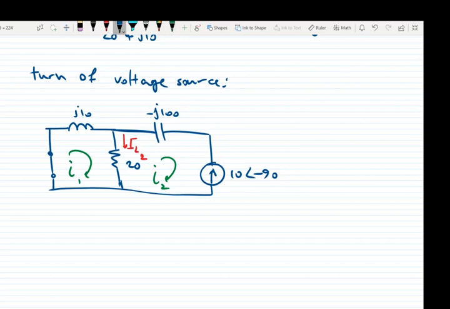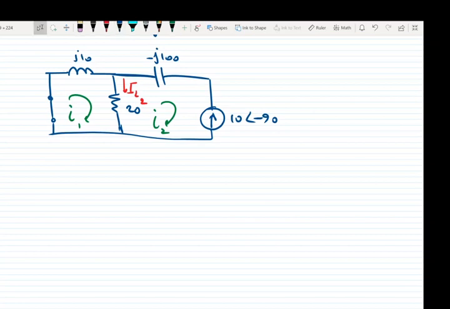For loop 1, J10 I1 plus 20 (I1 minus I2) is equal to 0.